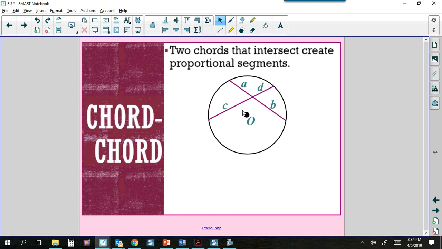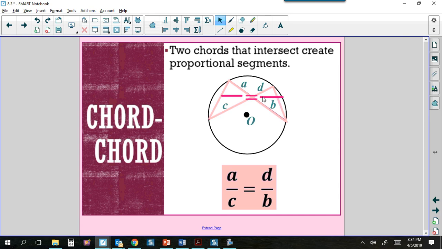For chord, chord, you are going to create proportional segments. The reason you are able to do this: here's an inscribed angle. This inscribed angle is exactly half of this arc. This is also an inscribed angle, but it's intersecting the same exact arc. So you know these two angles will always be congruent to each other. Down here is exactly the same thing, and you have a pair of vertical angles.